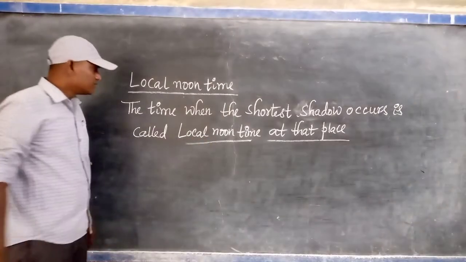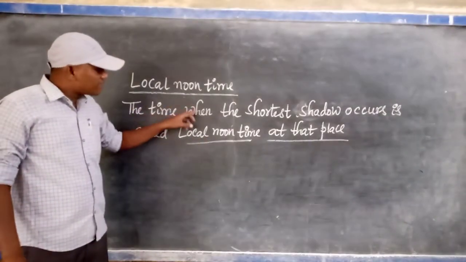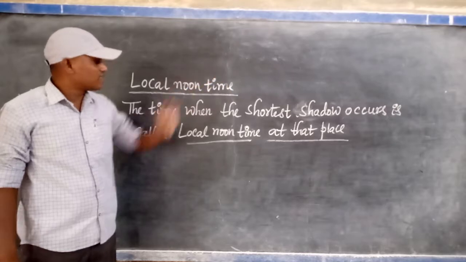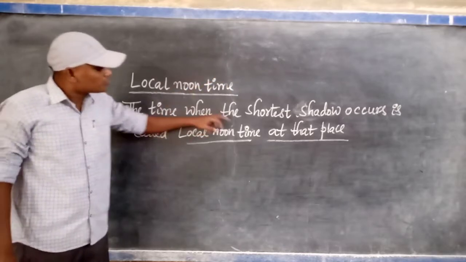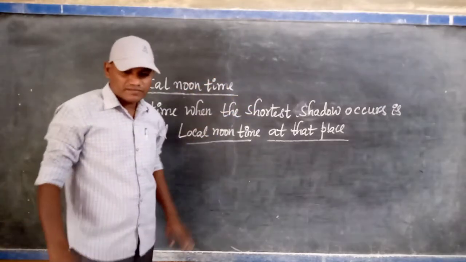So listen very carefully. The time when the shortest shadow occurs is called local noon time at that place.